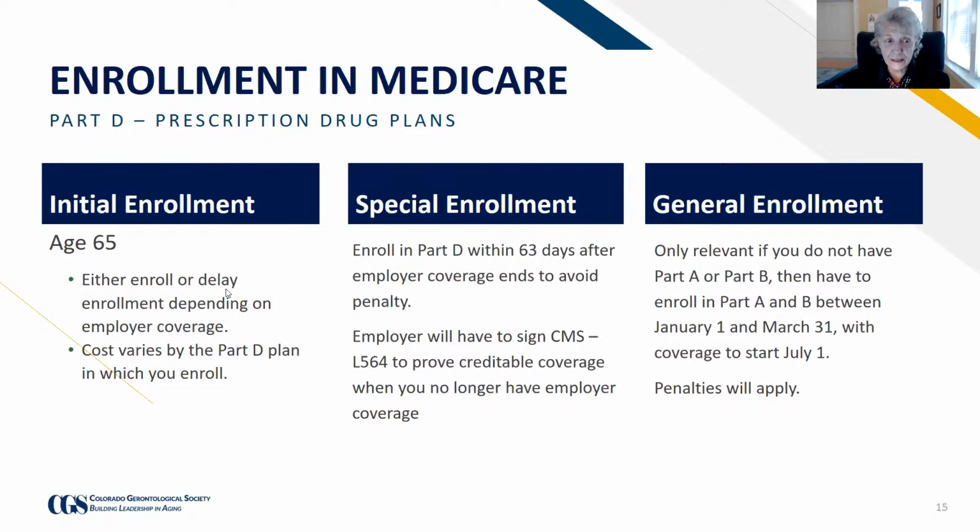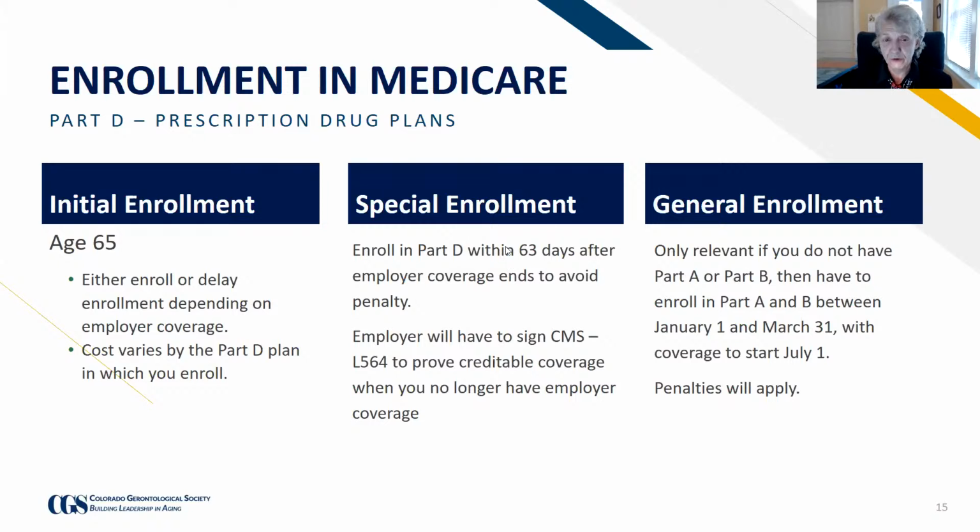If you delay your enrollment at age 65 in Part D because your employer has credible coverage, then you will be eligible for a special enrollment period. Now, this one is different. You can enroll in a Part D then within 63 days after your employer coverage ends to avoid this penalty.